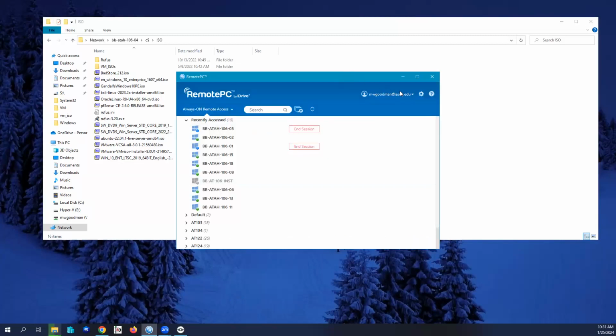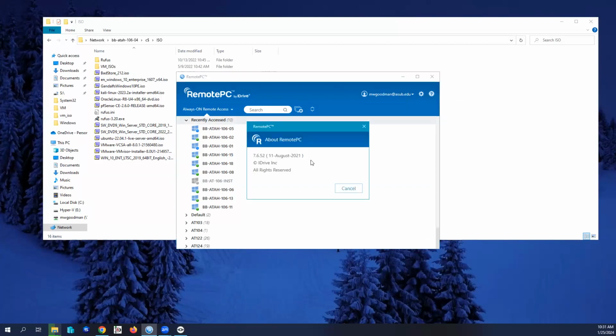One sec. Let's see. 7.6.77.9. It dropped 4th of January. See, I thought I just upgraded mine to that version on this computer, and it's not showing the version.